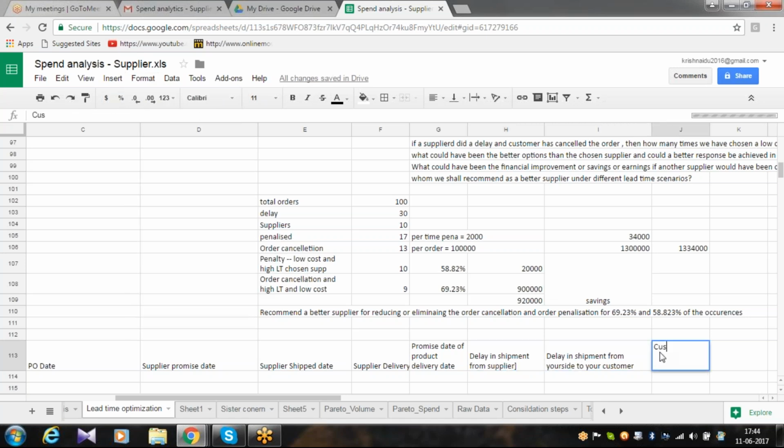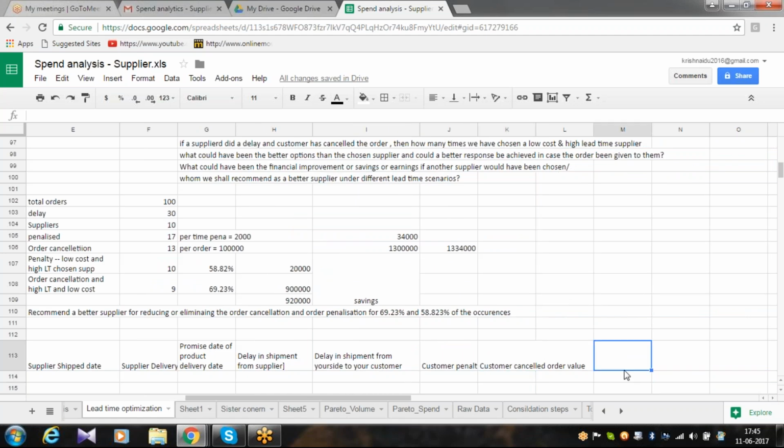Customer response. Penalty amount. Customer cancel the order, or cancel order value. Okay. If you can capture this data, and what were the other options we have? Other supplier options. Top 3 suppliers. Okay?